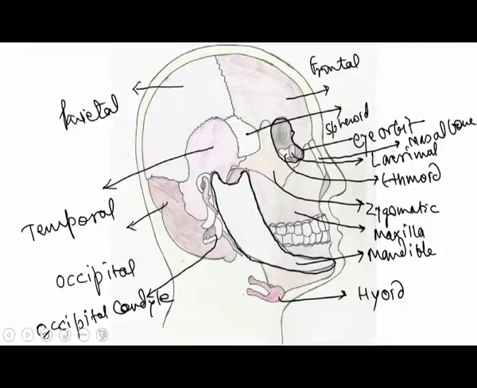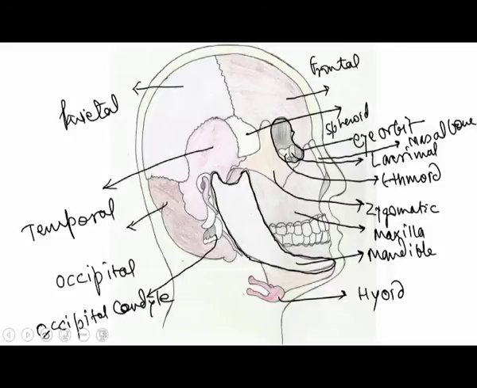We are left with some of the bones in the nostril area, so we will see some important aspects of the facial bones: palatine bone, nasal bone, nasal conchae, and the vomer bone.